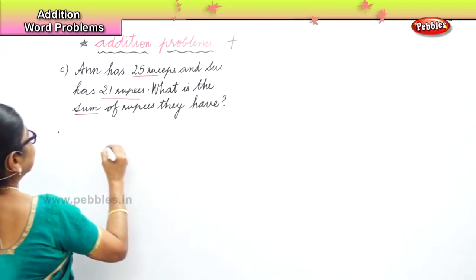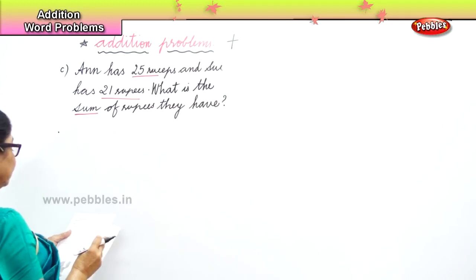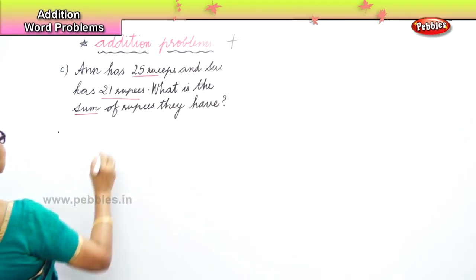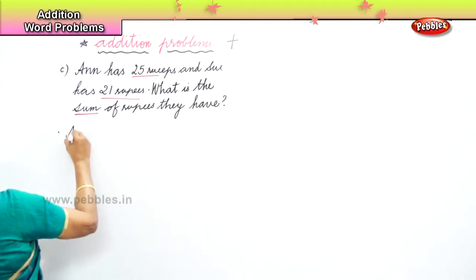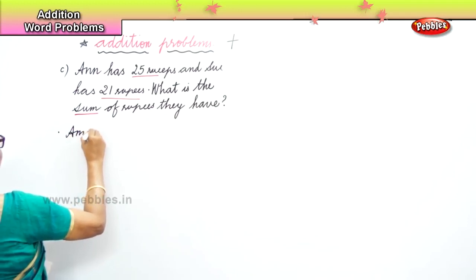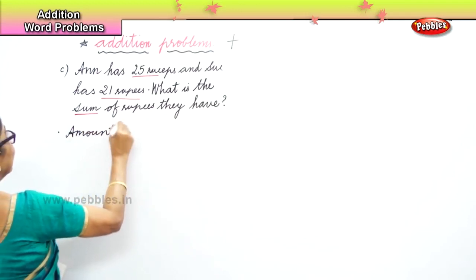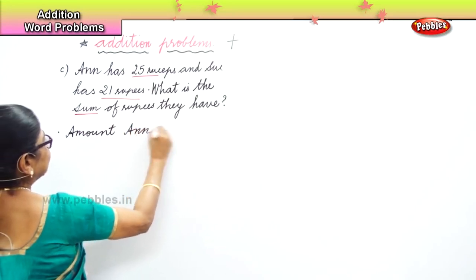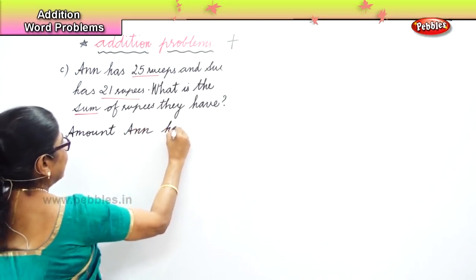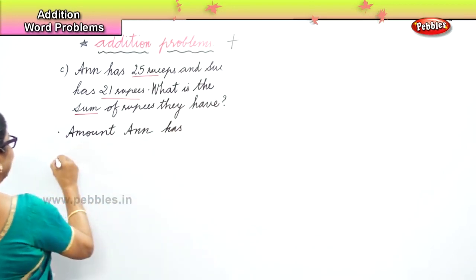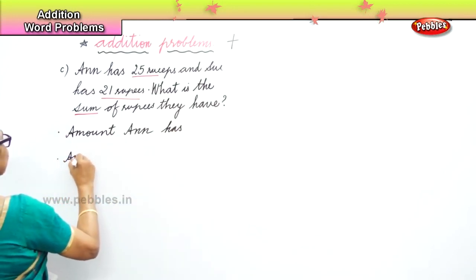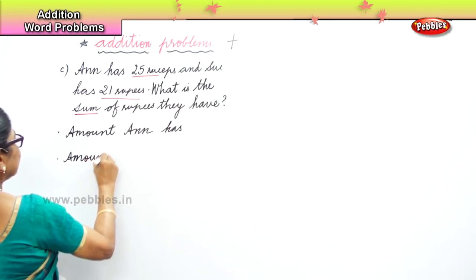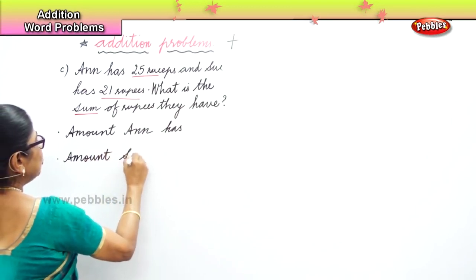First is amount Anne has. Some amount she has. Next, amount Sue has.